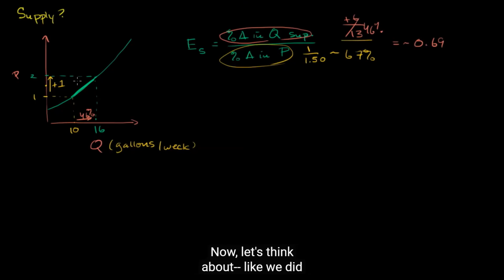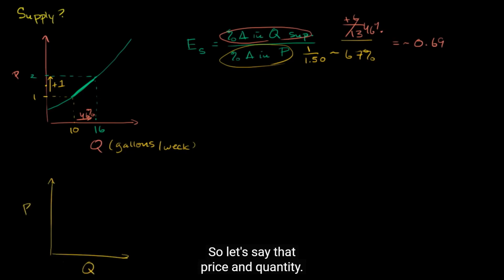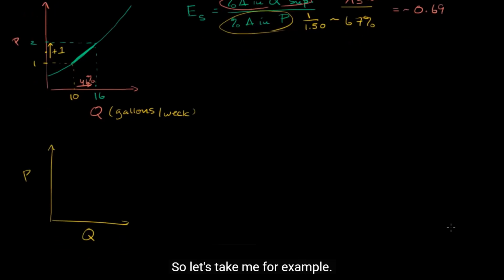Now let's think about different scenarios, like we did when we thought about the elasticities of demand. Let's think about a scenario that is inelastic, maybe perfectly inelastic. So let's say price and quantity. Let's take me, for example. I make videos.